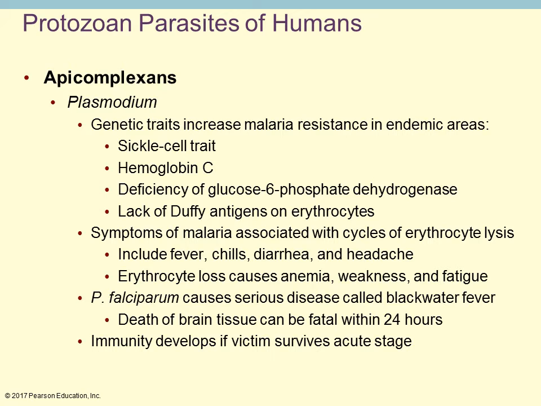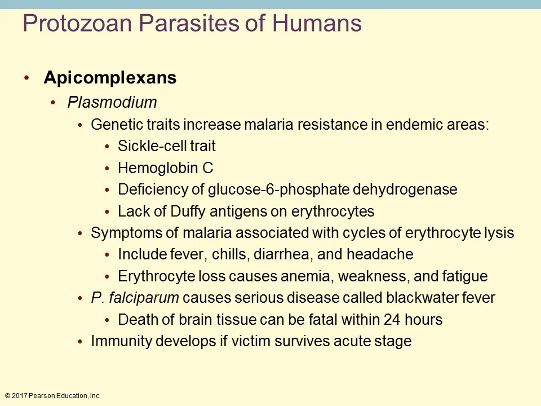Sickle cell is a genetic disease. It is a recessive, which means if you have two of the genes for sickle cell anemia, you have sickle cell, and that's going to cause a whole host of problems. If you only have one gene, you are referred to as a carrier for sickle cell.